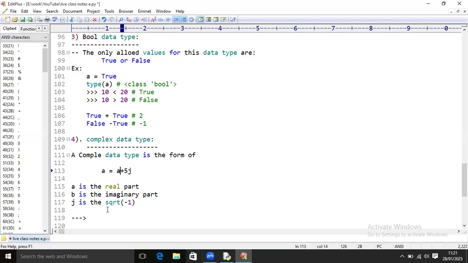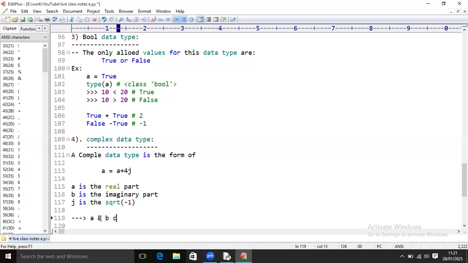Okay. And so here, A and B. For understanding purpose only, I have changed the inputs.